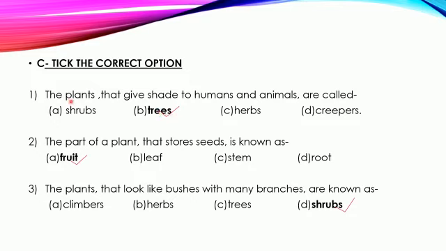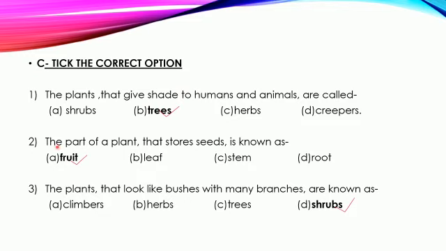Number 1, the plants that give shade to humans and animals are called. Are they called shrubs or trees or herbs or creepers? So we have discussed already which plant gives us shade. Yes, they are the trees, the big plants. They give us shade and the big plants are called trees.